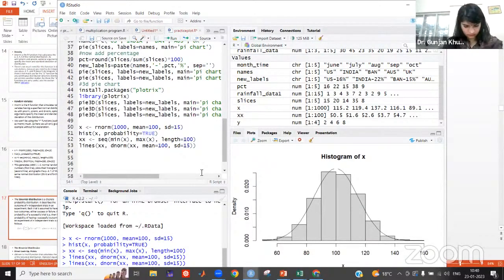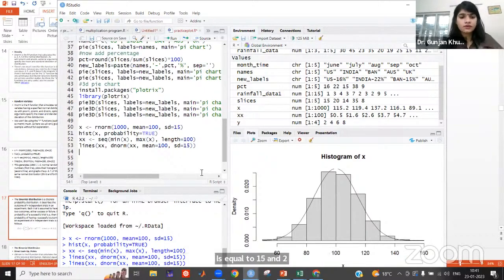Are you using the same x throughout, capital X or small x? Same x. dnorm is all small d. Then you have xx, x, comma, mean is equal to 100, comma, sd is equal to 15, and two brackets closed.